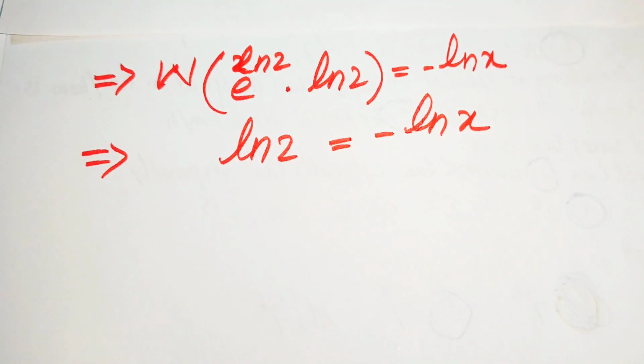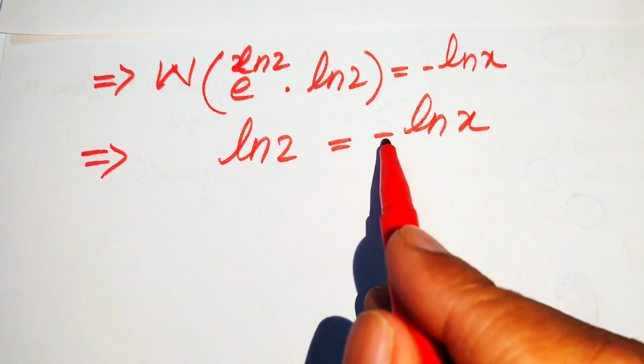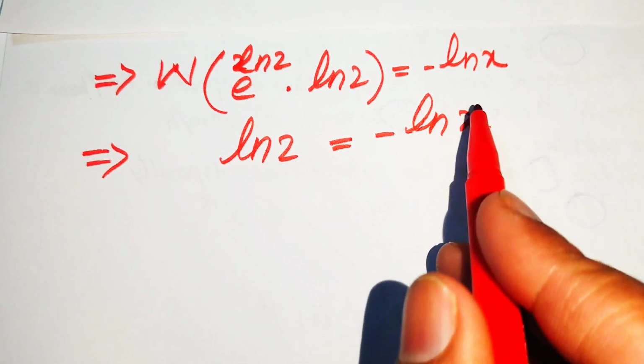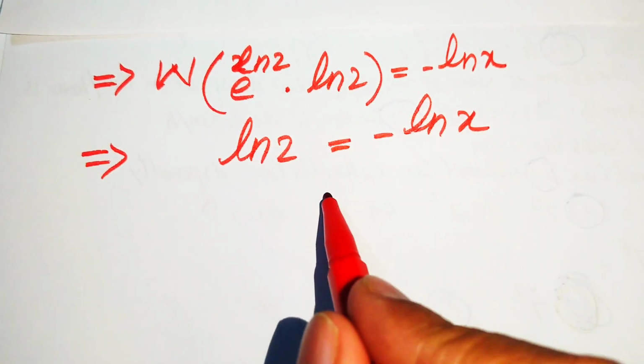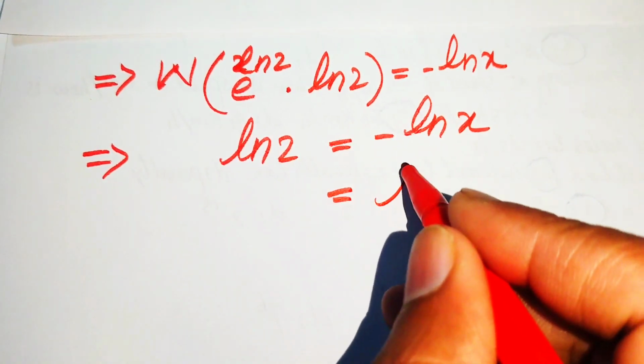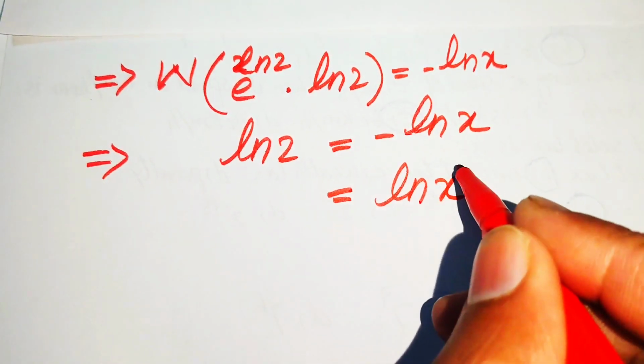Because here we solve this problem for the values of x, here we need to eliminate this log, and now we apply the property of log, and we will move this negative sign to the exponent of this x, and it will be written as log of x inverse.